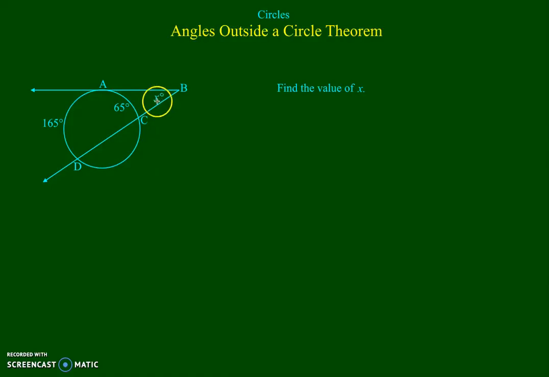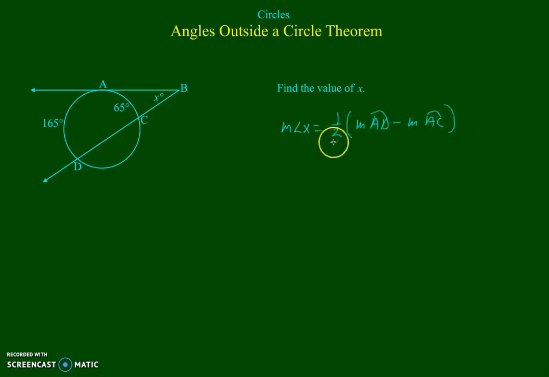We know that the measure of angle x is going to be 1/2 AD minus AC. So let's write down what we've got. We know that the measure of angle x equals 1/2 the measure of arc AD minus the measure of arc AC.